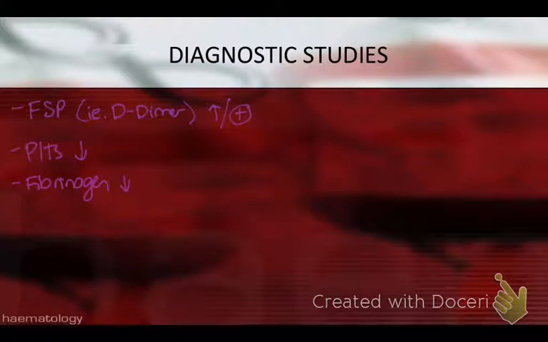Your fibrinogen is going to be low because we've used it all up. And PT and PTT show us what? Clot times, right? So if we're not clotting, the time is longer. So you should expect your PT and PTT to be high. So it's easy to figure out the diagnostic studies when you understand the patho that's behind it.